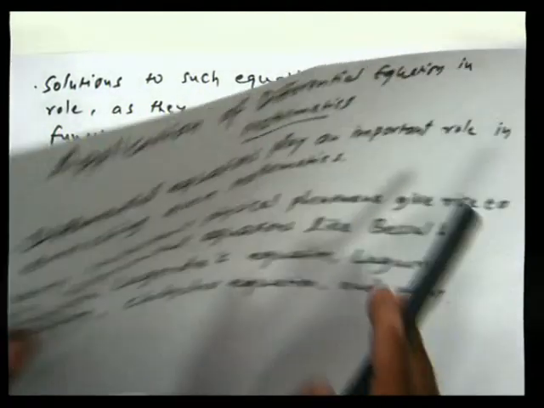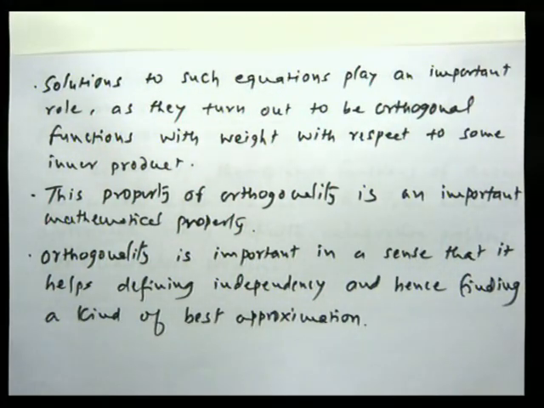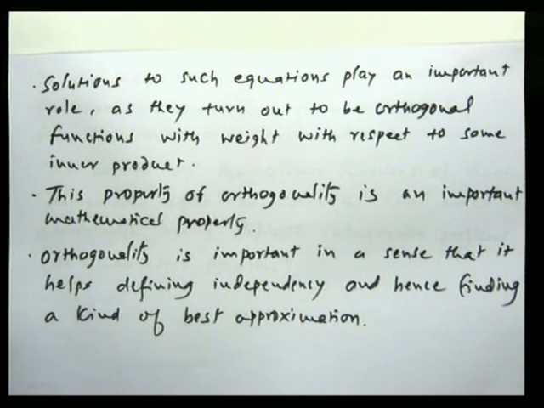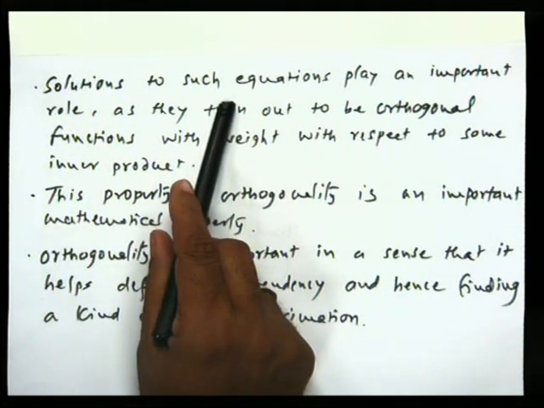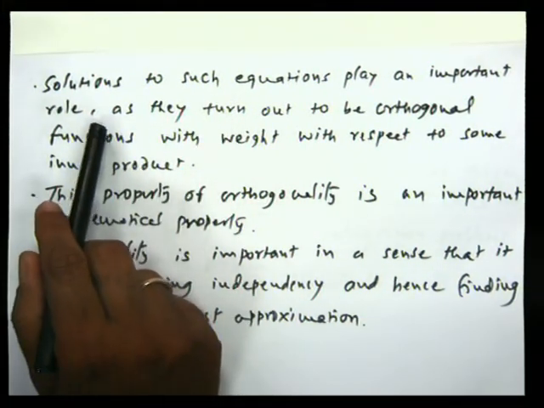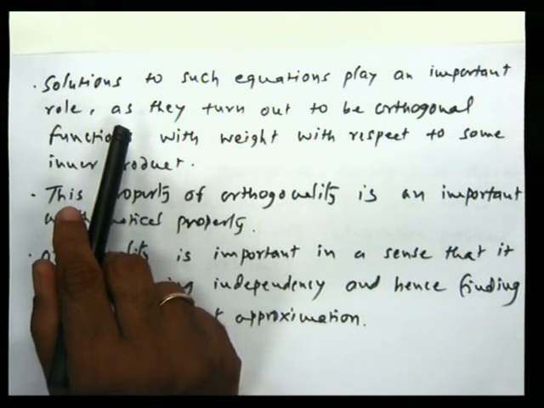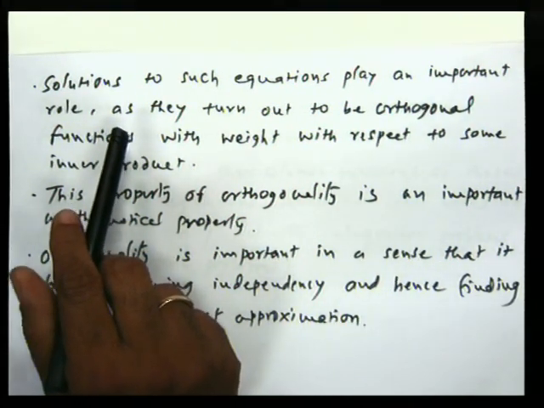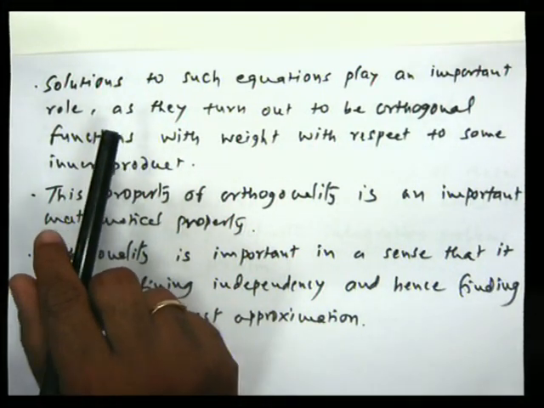Now, what is this application in mathematics? First of all, when you try to find solutions to such equations, the solutions turn out to be some functions which are not known in closed forms, or what we call a kind of series solutions.